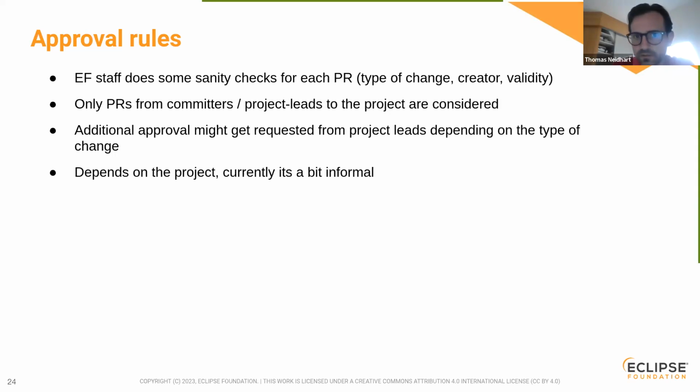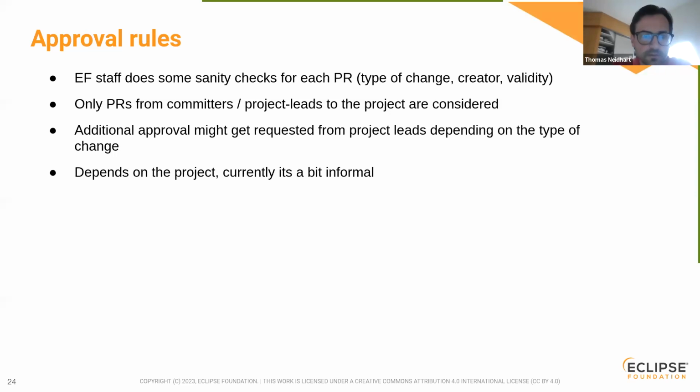So some projects, for example, they said if certain requests come from this guy, then just approve it because I fully trust this guy. Other projects are like, I require at least for every change an approval from a project lead. So that's very informal at the moment, which is not ideal, of course.